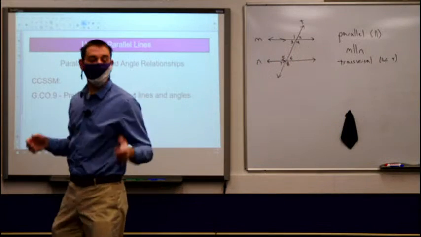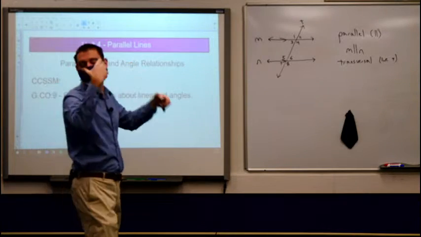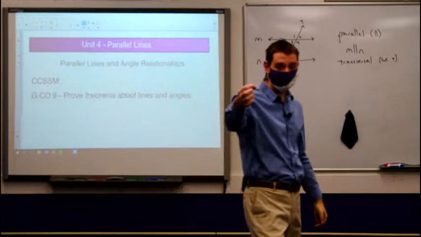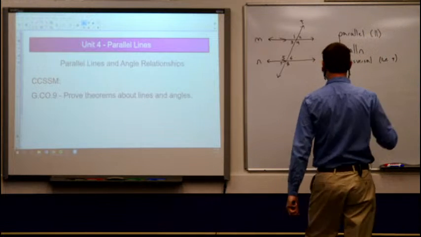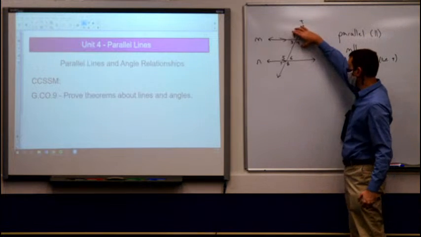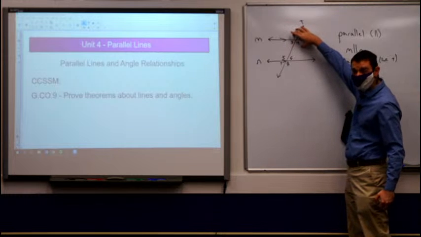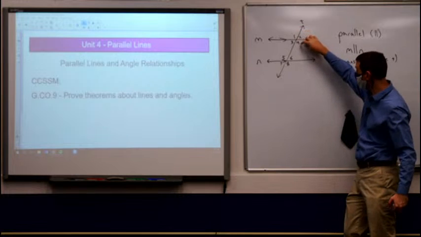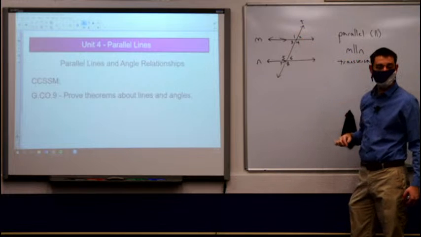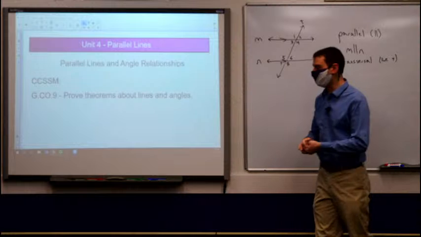And we're going to talk about different pairs or combinations of angles that we can have in this diagram. For example, we already know that like angle 1 and angle 4, those angles are across from each other, so those are called vertical angles. So that's something we're already familiar with.